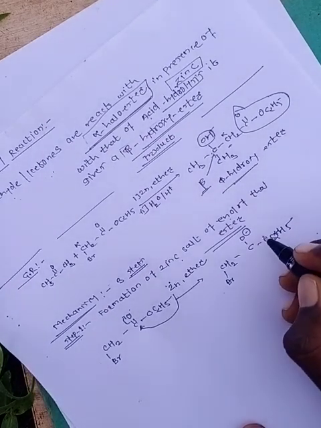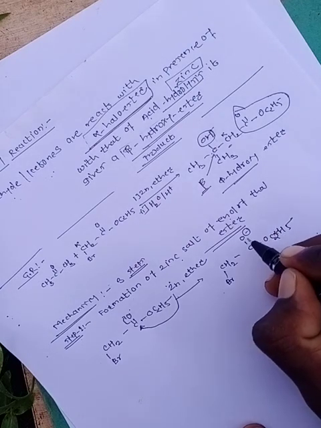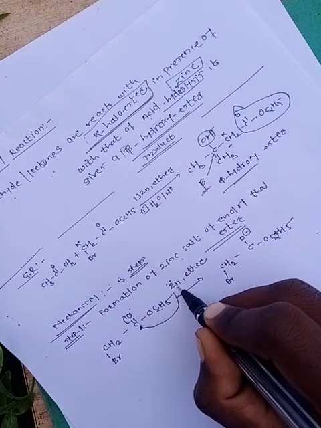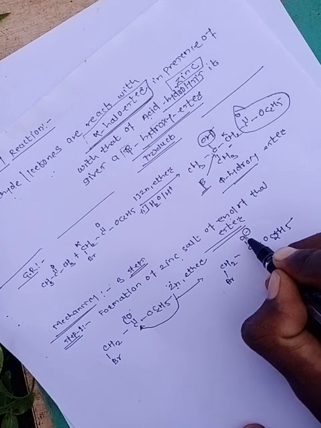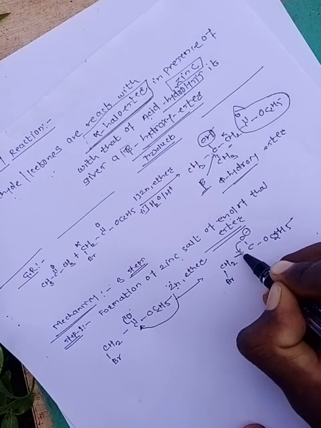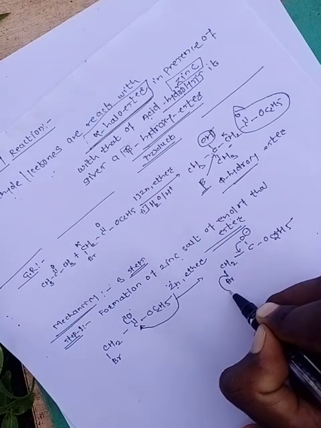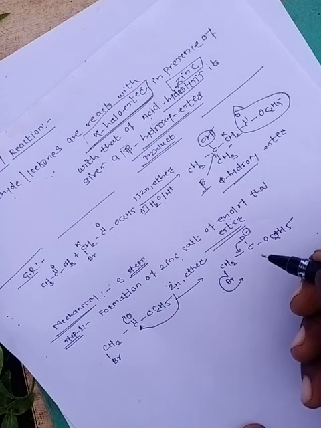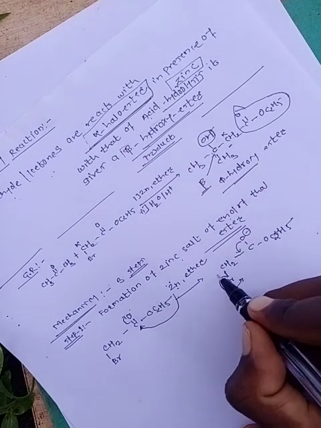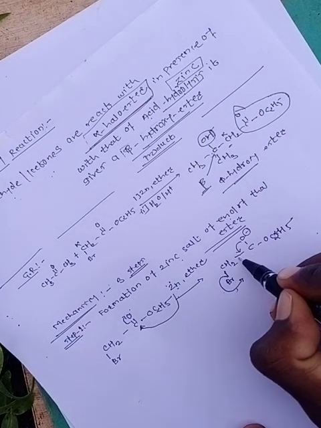Again look, this O minus gets stabilized by the Zn and Br. This O minus gets shifted toward here for the formation of a double bond, and you know Br is a good leaving group, and it will cleave its bond, and this process simultaneously forms the double bond.